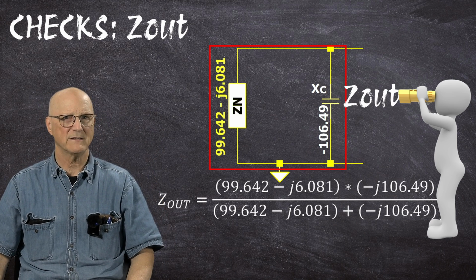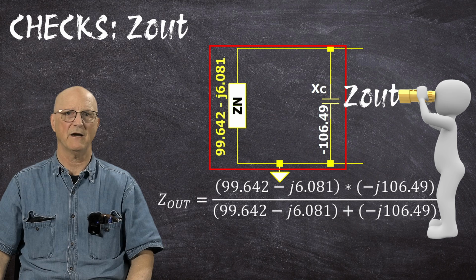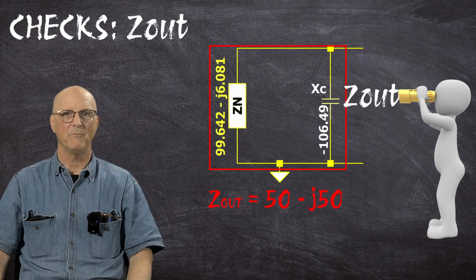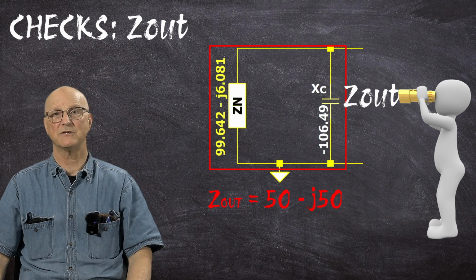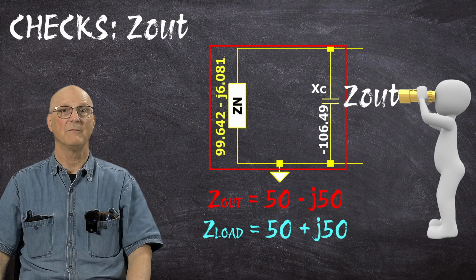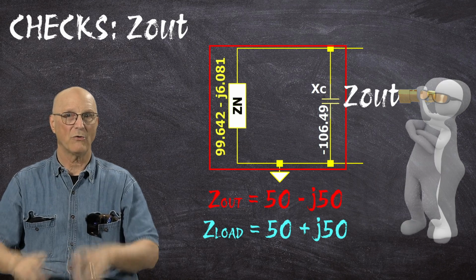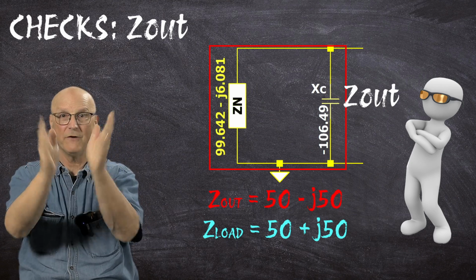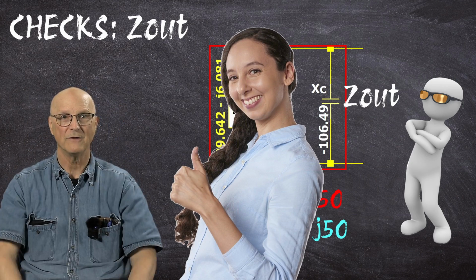And as always, I do the complex math using Octave to arrive at an output impedance of 50 minus j50. This is the complex conjugate of the load impedance of 50 plus j50, so we are totally, absolutely, positively, unequivocally good to go.